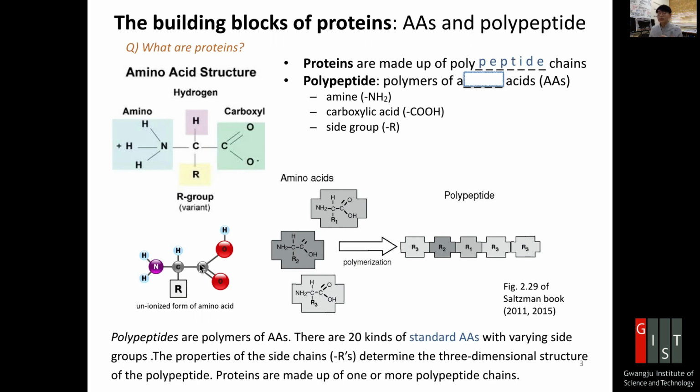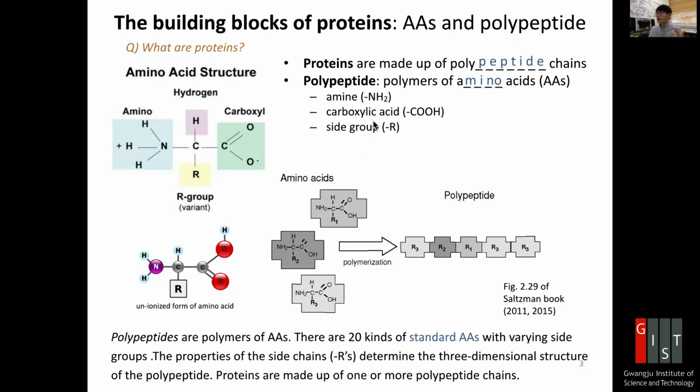This unit of amino acid can polymerize, connecting one by one, and we call that a polymer of amino acids, a polypeptide chain. So this polypeptide should have this amine, carboxylic acid, and side group.